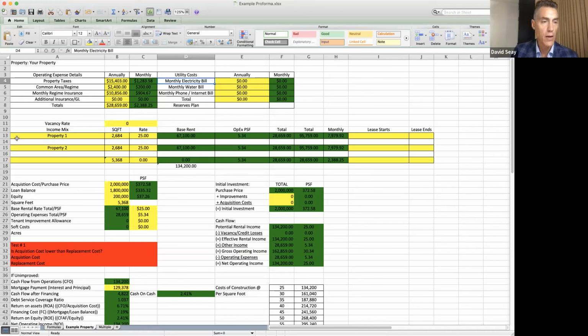So let me break it down a little bit further. Say, for example, that this property here, it's a 2,600 square foot suite. And then we're just going to presume that there's one building that has both of these suites in there. So essentially you have a 5,300 square foot building, and you have two tenants in that building. And what people forget is that not everybody, even brokers, speak the same language about expenses.